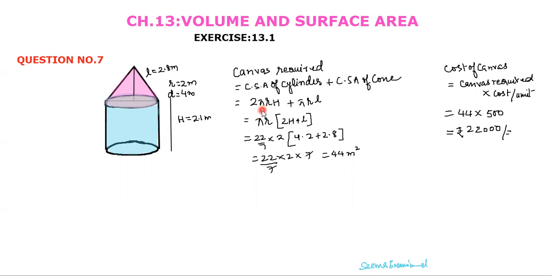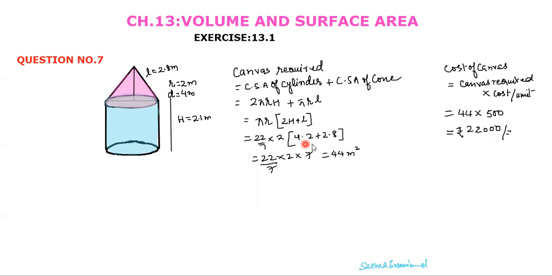Pi and r are in this term and also in this term, so I can take pi r common. Now I'm left with 2h plus l. Let's fill in the values. Pi is 22 by 7, radius is 2, height is 2.1, twice the height is 4.2, and the slant height is 2.8.